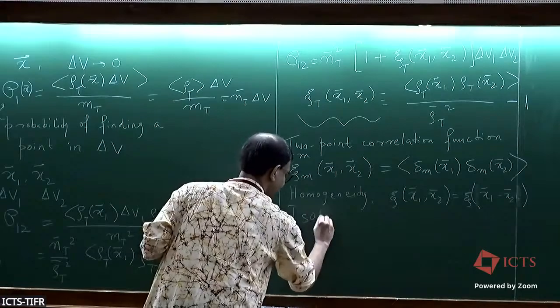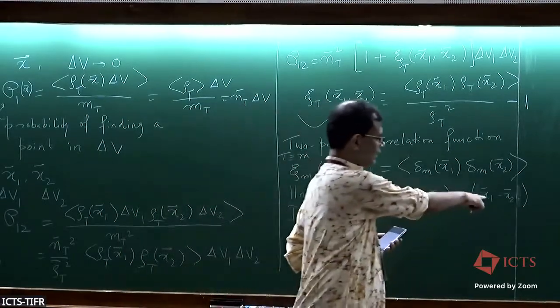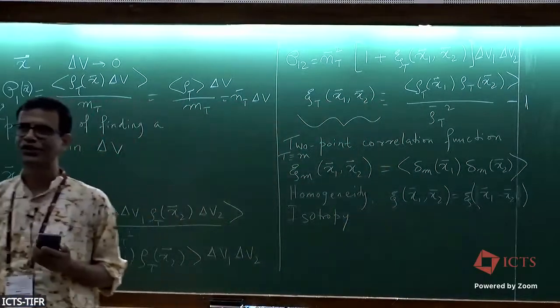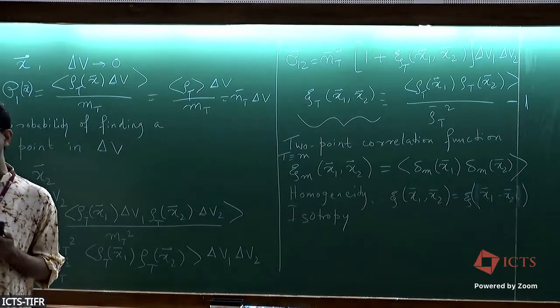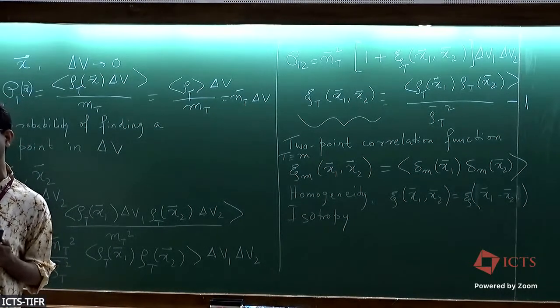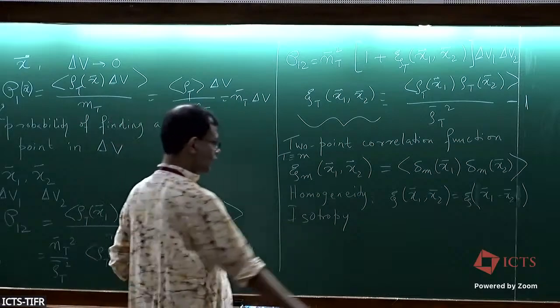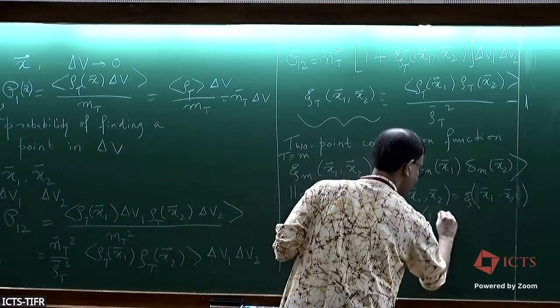Isotropy will mean that here I am saying it is just the difference between the coordinates which matters. Isotropy will tell you that it doesn't matter which way this difference is aligned, so this will become psi, a function of |x1 - x2|.